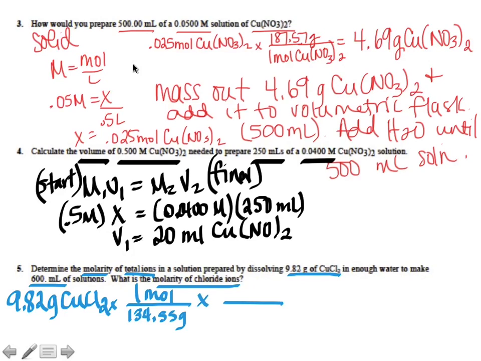We are in moles, and we need to get to molarity. So what's the molarity we need? We have 0.6 liters of solution, and that's just going to be over 1.